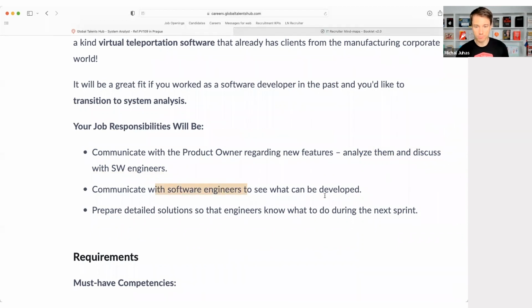Communicate with engineers to see what can be developed, and then prepare detailed solutions so that engineers, those developers, know what to do during the next sprint. So the system analyst should be technical, otherwise he or she wouldn't be able to prepare detailed solutions. And the system analyst should also be able to analyze those requirements.